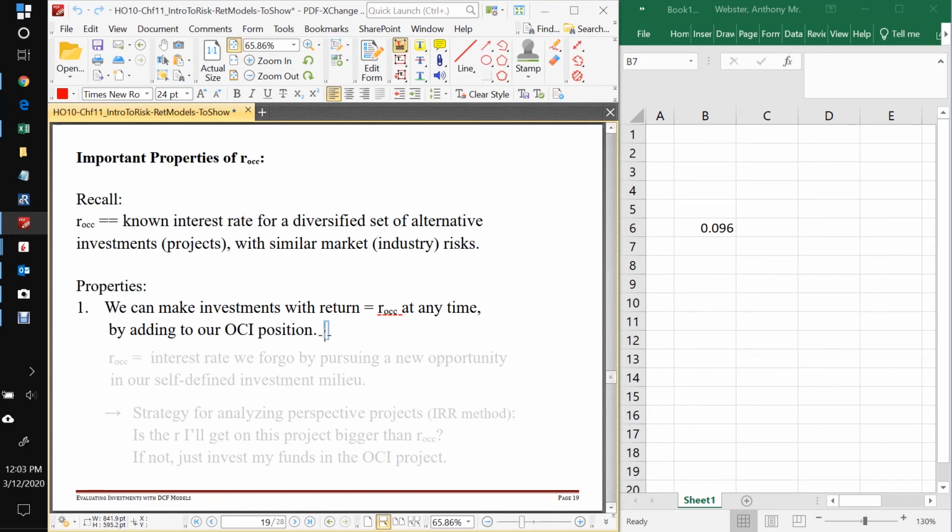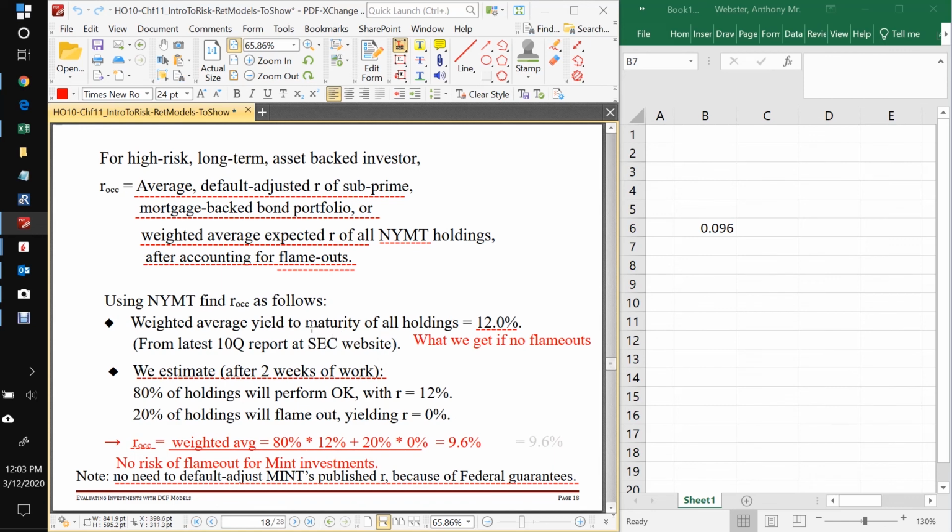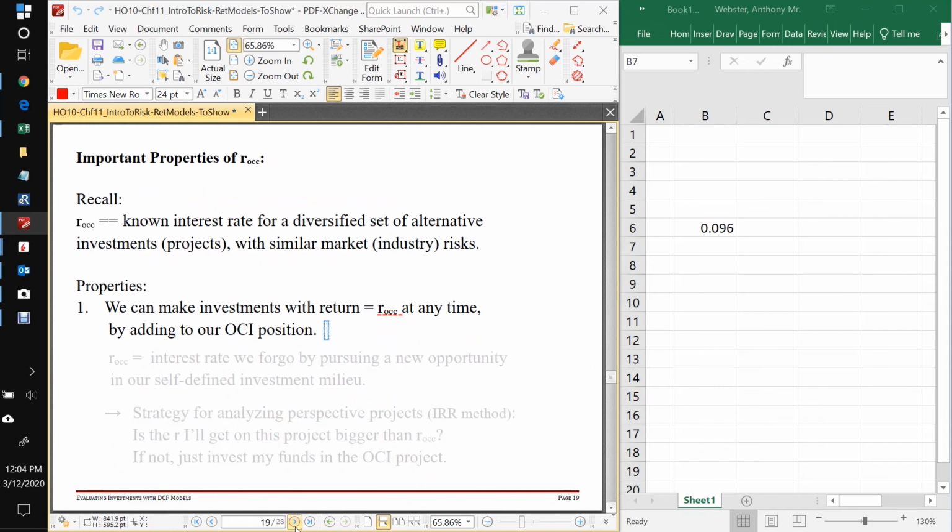So if we're the short-term, want-to-be-super-safe investor, we could just buy more shares of the Mint exchange traded fund, right? That would be great. And if we were the high risk mortgage-backed securities investor, what could we do? We could just buy more shares of the NYMT and enjoy our 9.6% return.